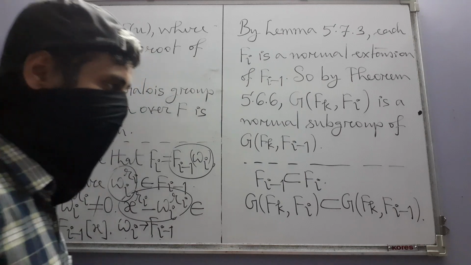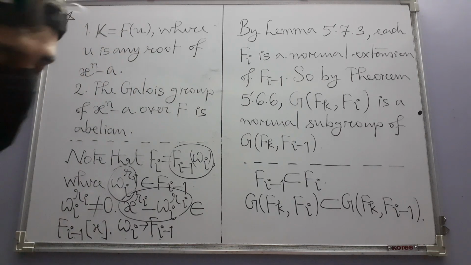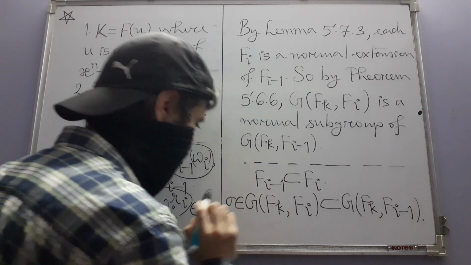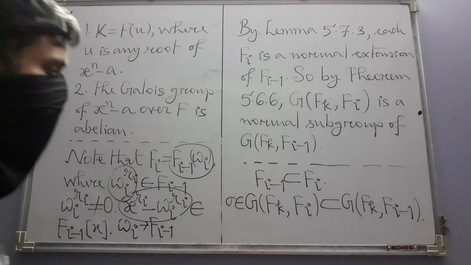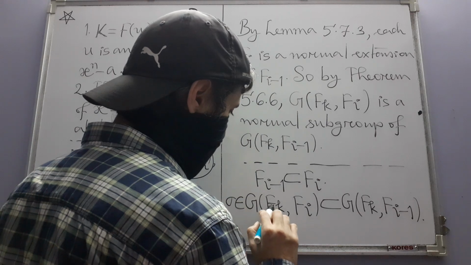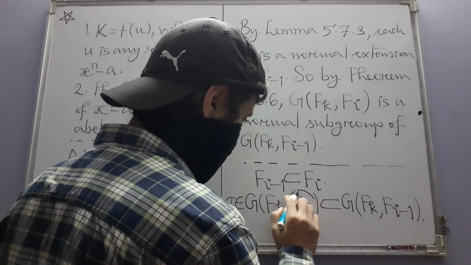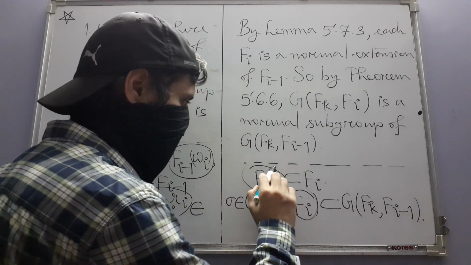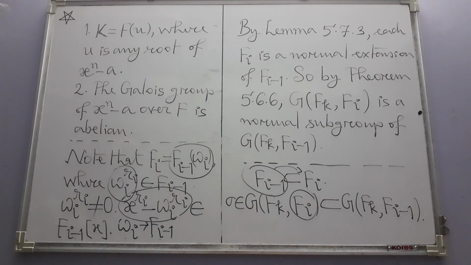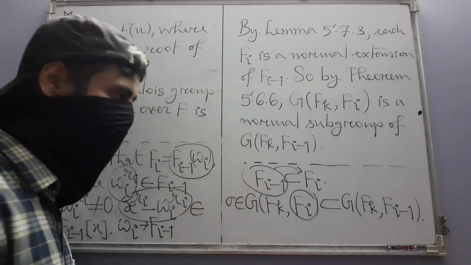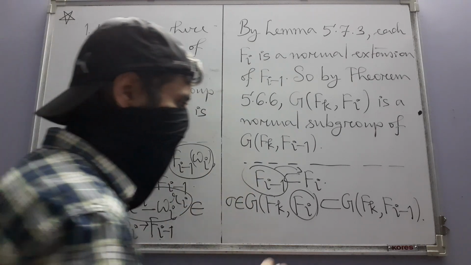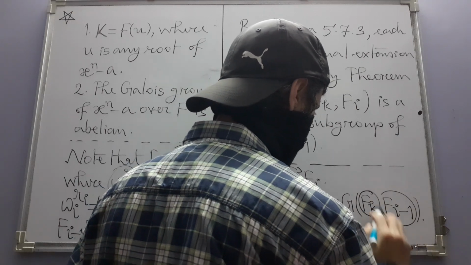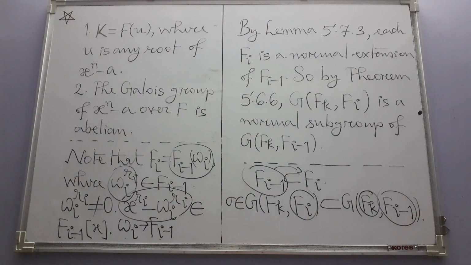And similarly for that one, now if you take, say, sigma, an automorphism, that is sigma is an element in this group. So sigma is an automorphism of Fk that fixes everything in Fi. Since Fi minus 1 is sitting inside Fi, automatically sigma will also fix everything in Fi minus 1, and that is why sigma is an automorphism of Fk which in particular also fixes everything in Fi minus 1.